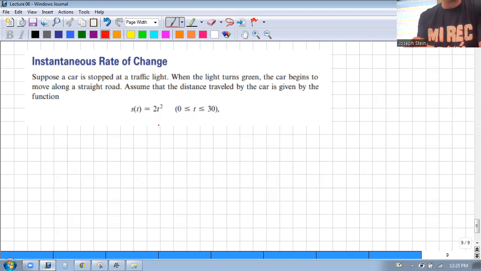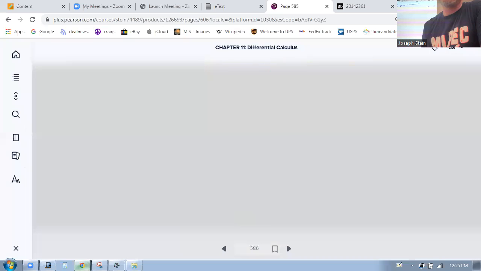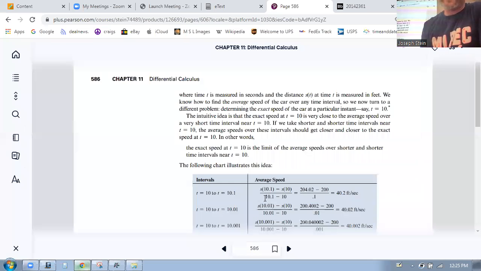Here's a function s of t. It's going to tell us the distance the car travels once the light turns green, and its distance in time is given by 2t squared. So let's see what they want to know. They want to know the instantaneous speed at a given time.